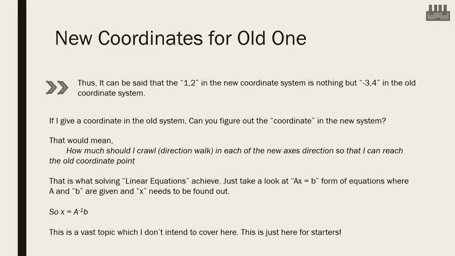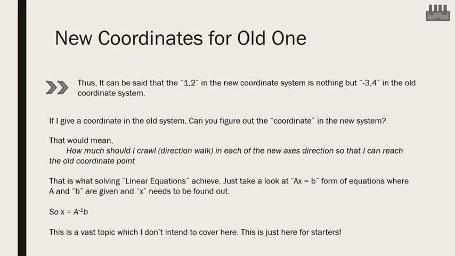So what we saw just now is we had a new coordinate system and we wanted to figure out where 1 comma 2 in the new coordinate system maps to. We found that it maps to minus 3 comma 4 in the old coordinate system. That's fine. But if I give a coordinate in the old system, let's say minus 3 comma 4, and I give you the new axes, can we figure out what the coordinate in the new system is?